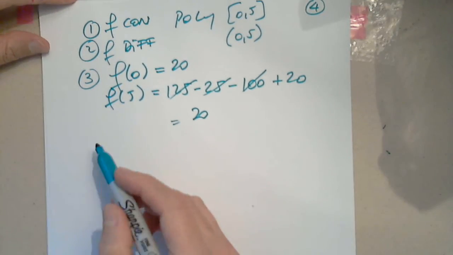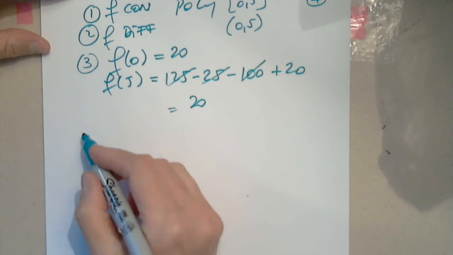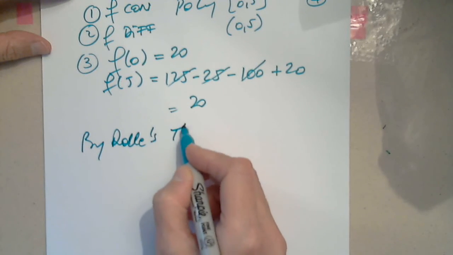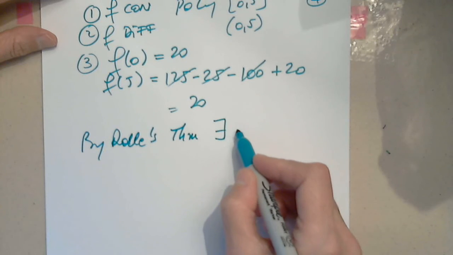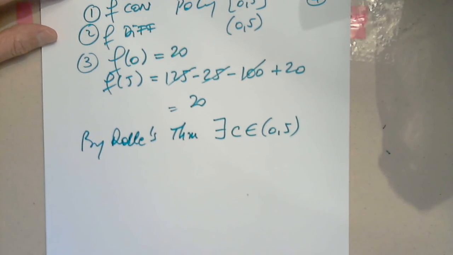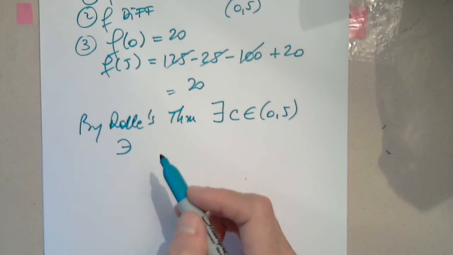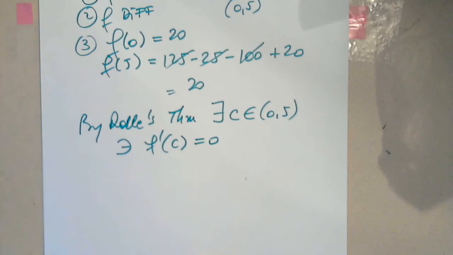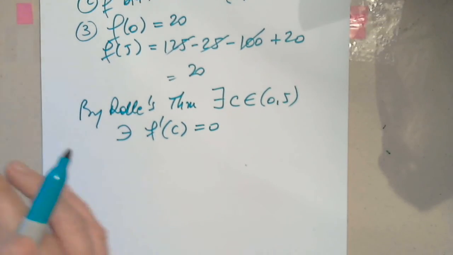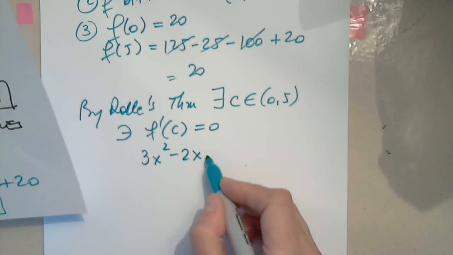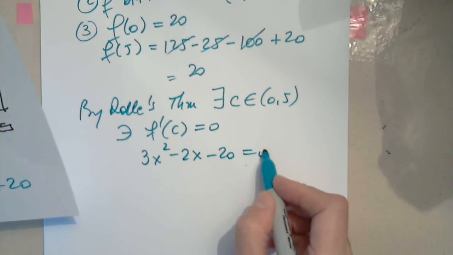So now, by Rolle's theorem, there exists a C in the interval 0, 5, such that f prime of C is 0. So I have to find f prime, and f prime is 3x squared minus 2x minus 20 equals 0.